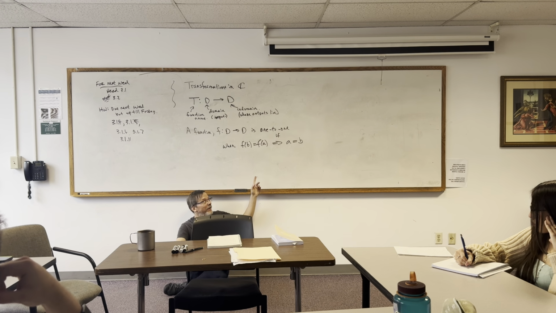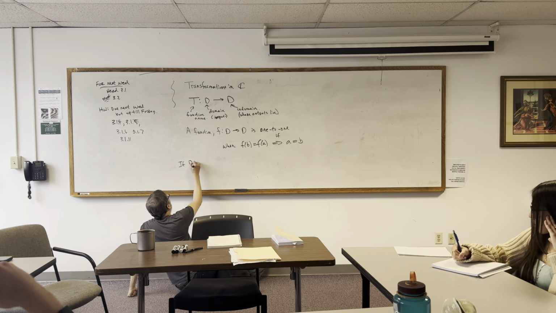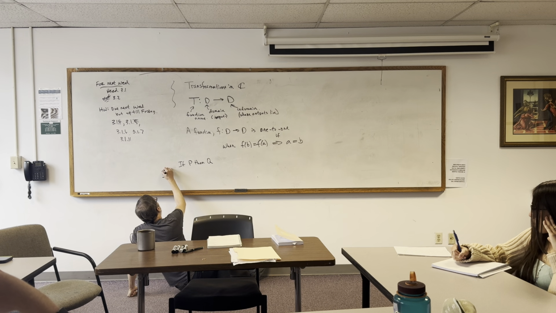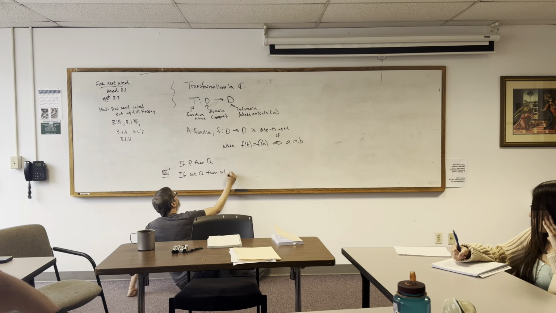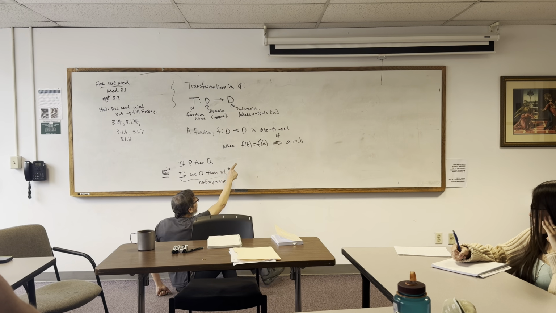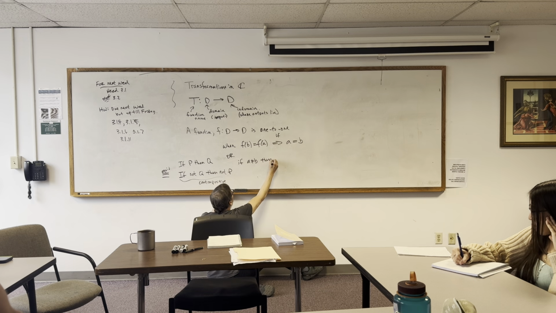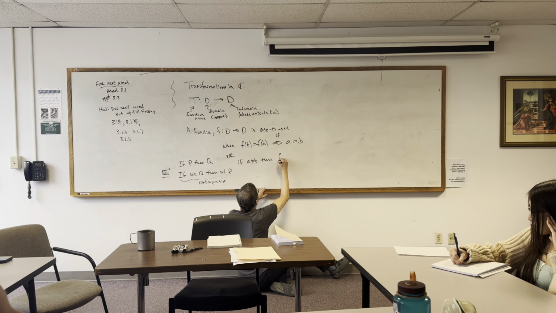So if you have an implication, you say if P, then Q follows, that is logically equivalent to the contrapositive, which is if not Q, then not P. So this is called the contrapositive of an implication. And so we can take this one, so if A is not equal to B, then f of B is not equal to f of A.